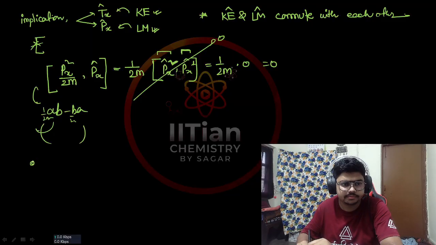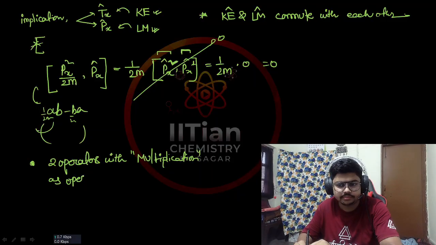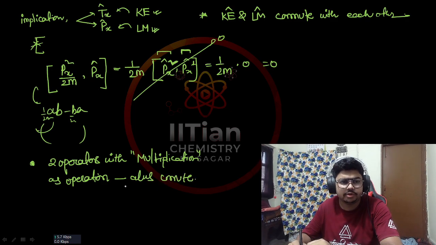Next property, or next point: two operators with multiplication as operation always commute.